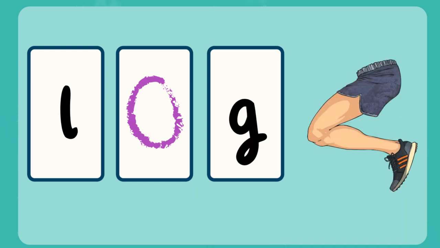I see a picture of a leg. I have in my word the L and G sound, but I'm missing that middle letter, that middle sound. What sound is missing in the word leg?